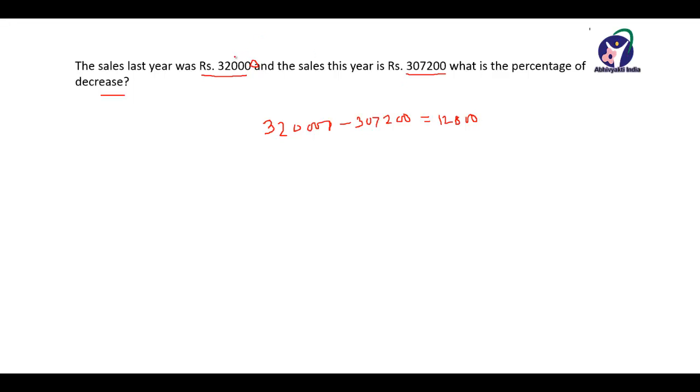Here the sale has decreased by rupees 12,800 and we have to find the percentage decrease. Now ask the question: rupees 12,800 is what percent of rupees 3,20,000?